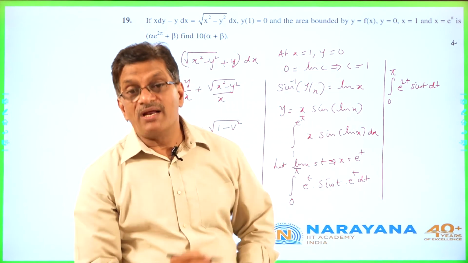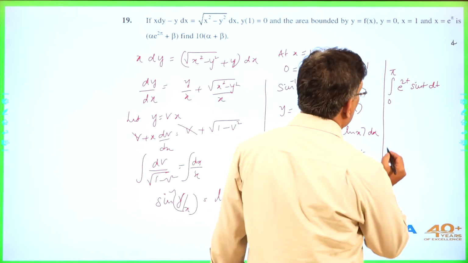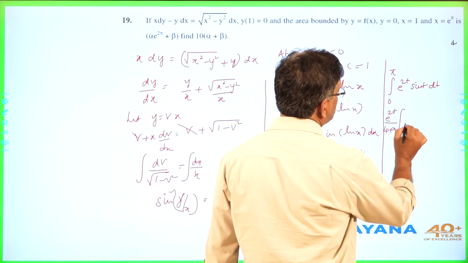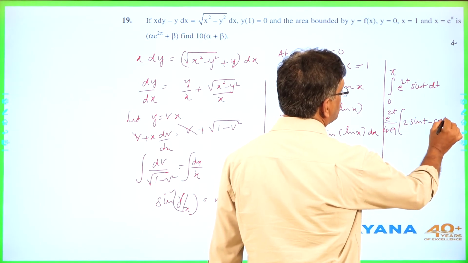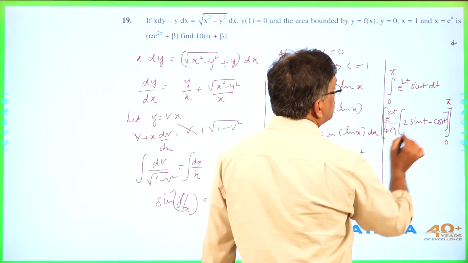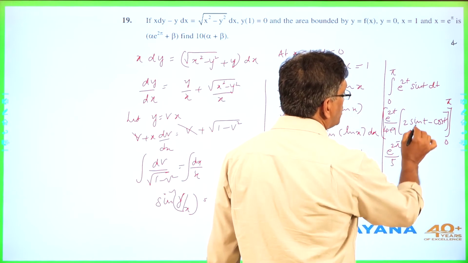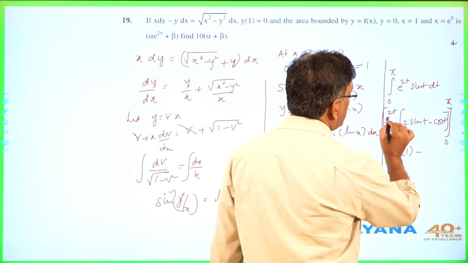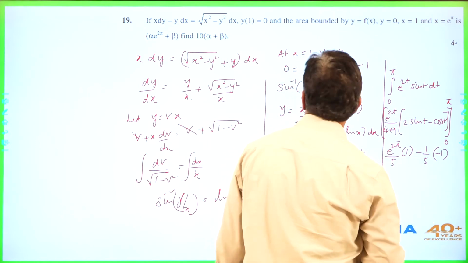We must remember the e power ax into sin bx formula, one of the good problems after a long gap. It is e power 2t by 4 plus 1 into 2 sin t minus cos t, limits are 0 to pi. For pi, it is e power 2 pi by 5, this is 0, this is 1. For the lower limit e power 0, 1 by 5, it is minus 1.